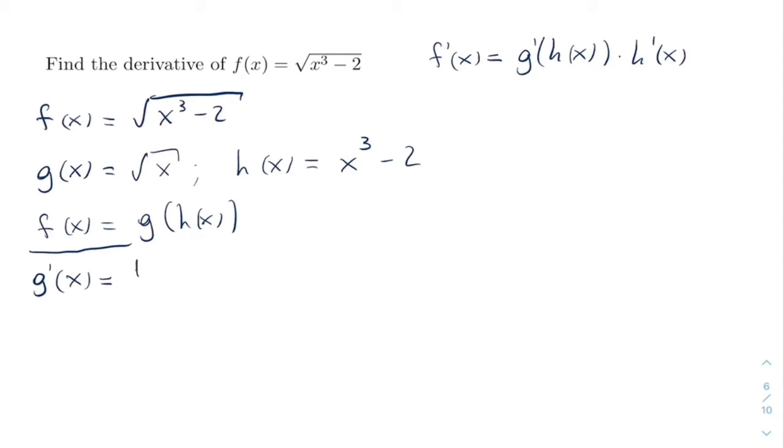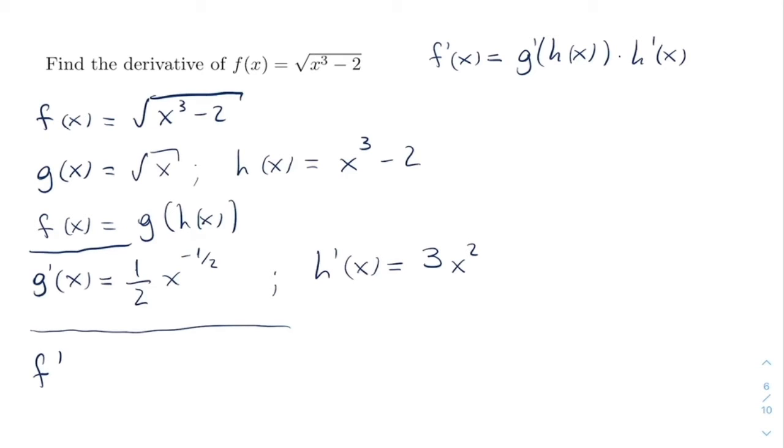The next step is to find the derivative of g, but this is the power formula. So we will have that this is 1/2 x to the minus 1/2, and the derivative of h of x is 3x squared. And now the final step is to put it all together with the formula up here. We need to evaluate the derivative of g at h of x, then multiply by the derivative of h.